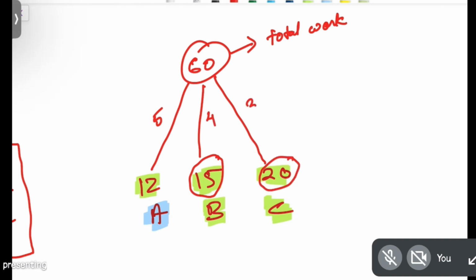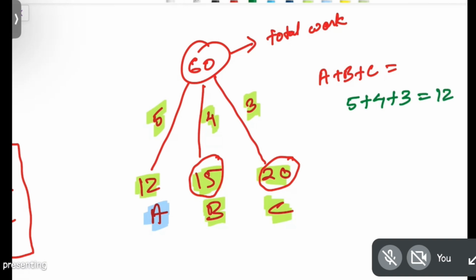20 times how much is 60? 20 times 3. We are asked to find if A, B, and C work together. In one day A can do 5 pieces of work, B can do 4 pieces, and C can do 3 pieces. If all of them work together, that is 5 plus 4 plus 3, which is 12 pieces of work in a day.